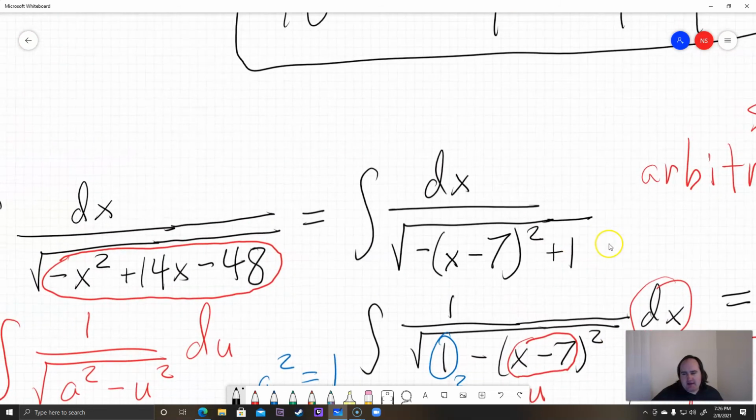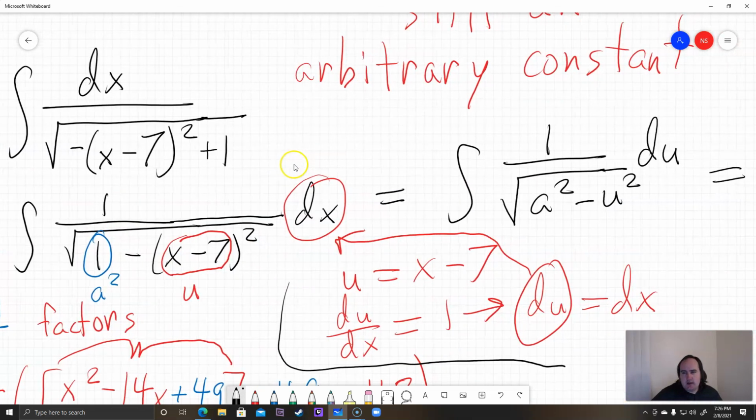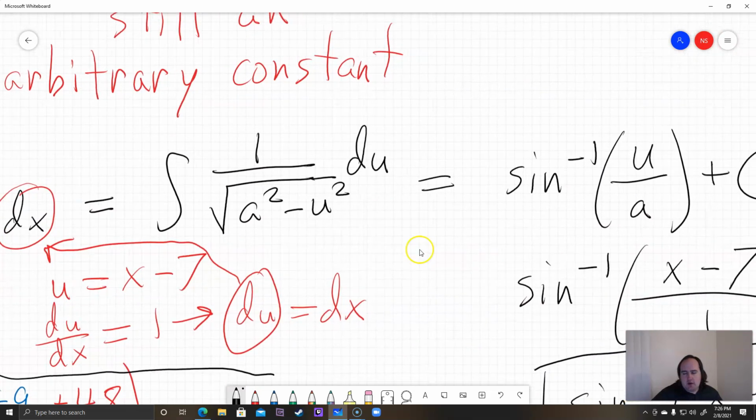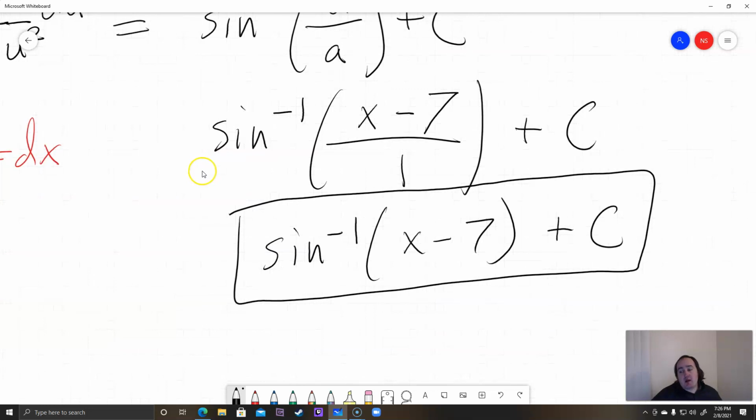And then once you have it like that, these problems are set up so that after you complete the square, you can go ahead and write it in a format where you can use sine inverse or tangent inverse. So the other problem on your homework is going to be tangent inverse, and you're going to also complete the square with that one. Okay? Well, thanks for watching.